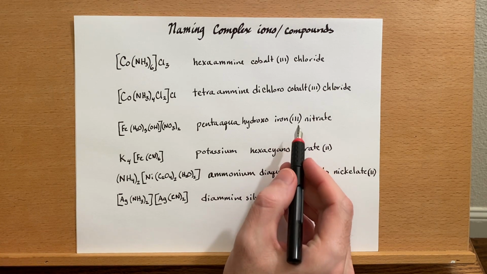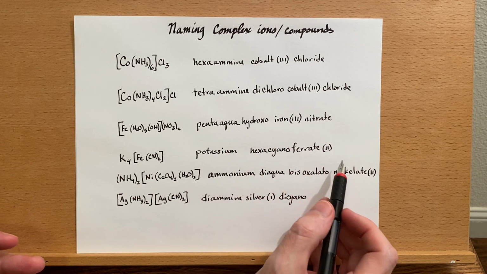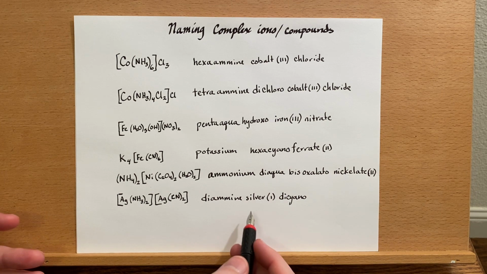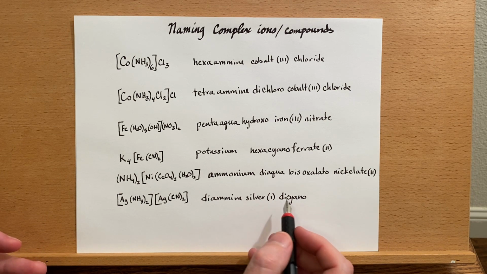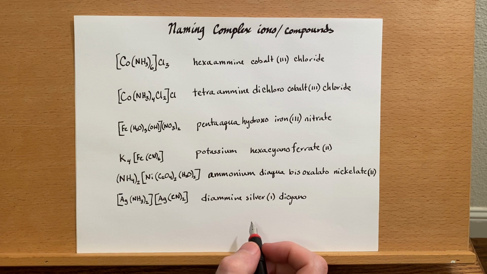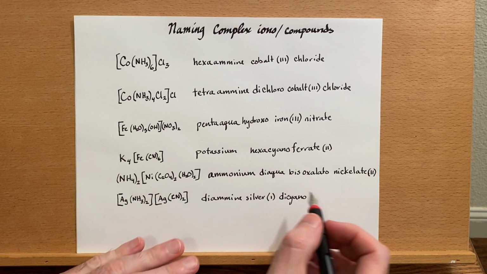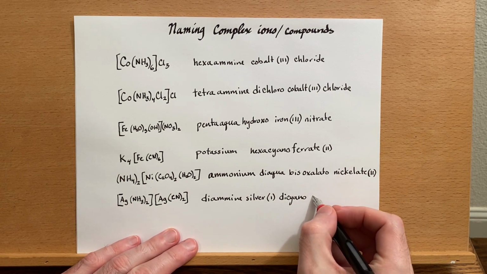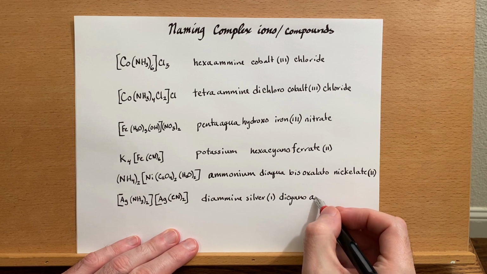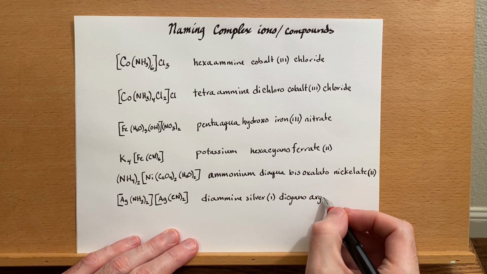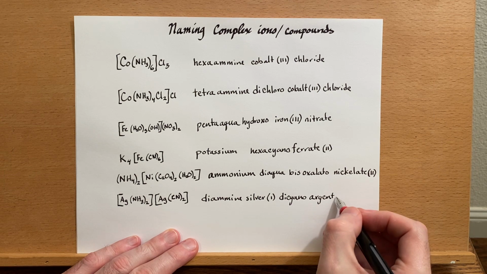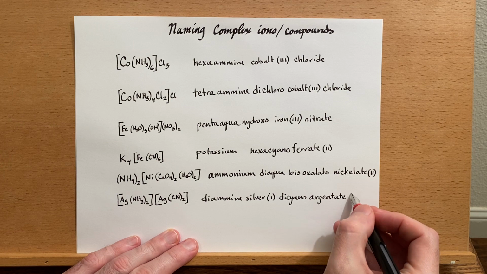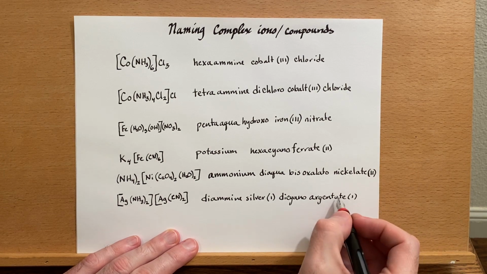Iron-ate just doesn't sound as good as ferrate. And in this case, silver-ate wouldn't sound very good, but argentate does, so we call it that. And that similarly also has a +1 charge on it.